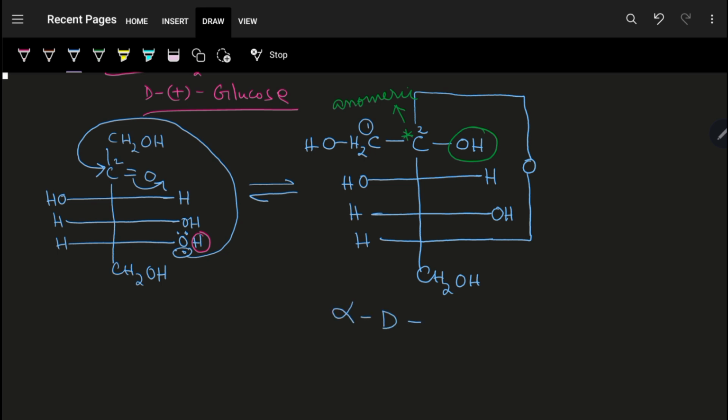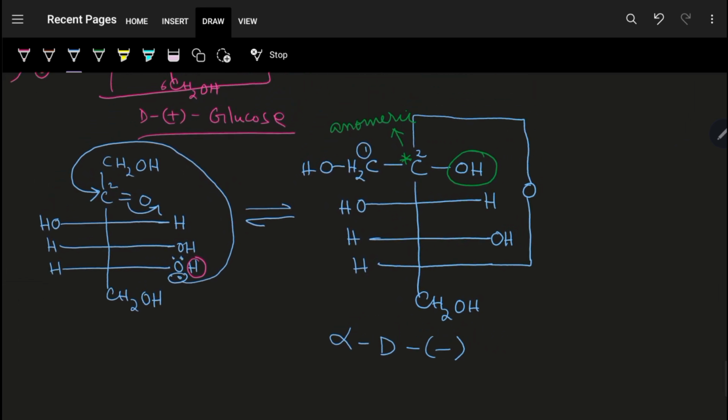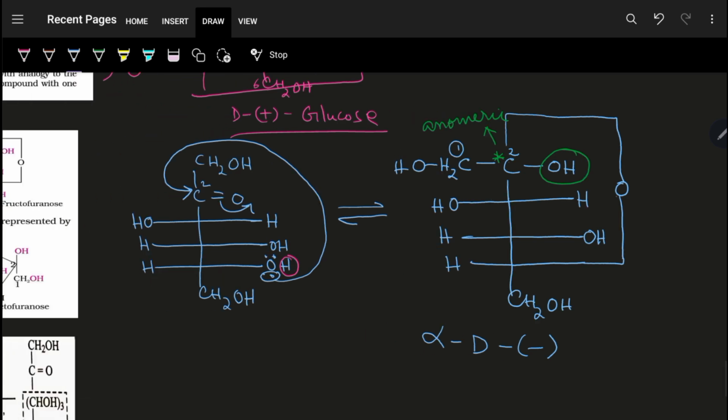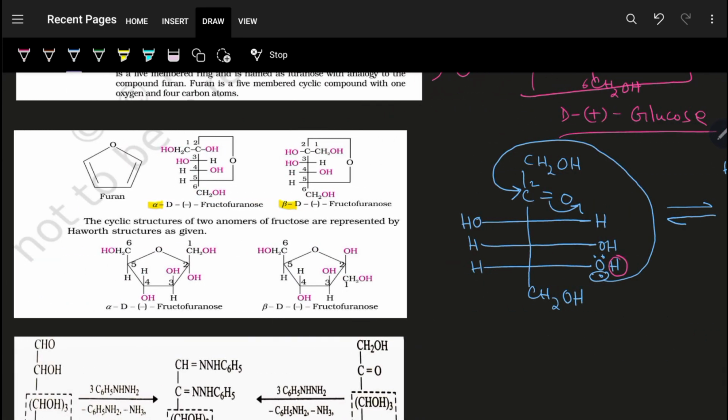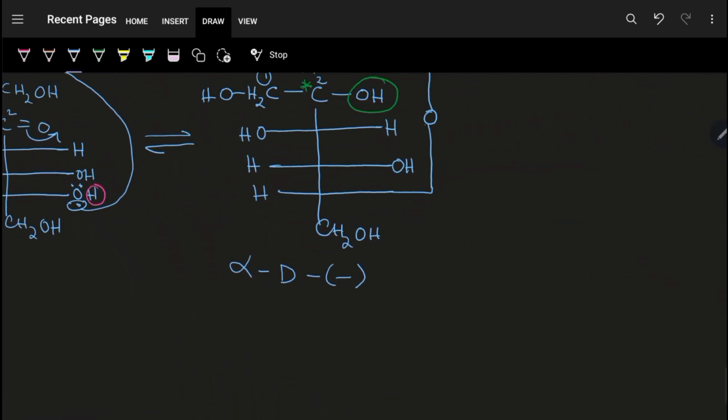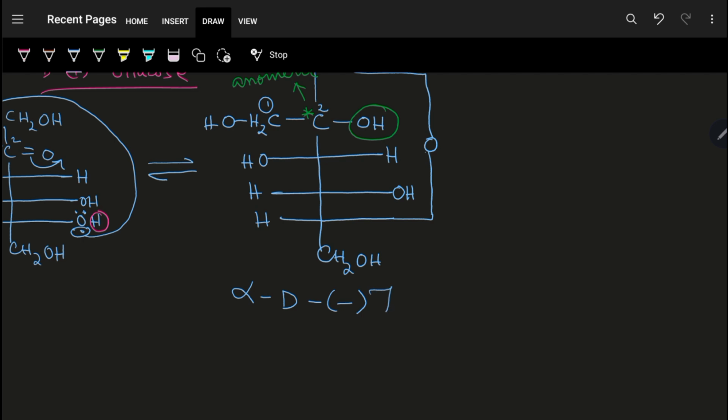Because it's D series, minus. Now the fructose cyclic structure, the hemiacetal form, contains a 5-membered ring including oxygen, whose structure is similar to that of furan. So the name is furanose. So I will say this is alpha D minus fructofuranose.